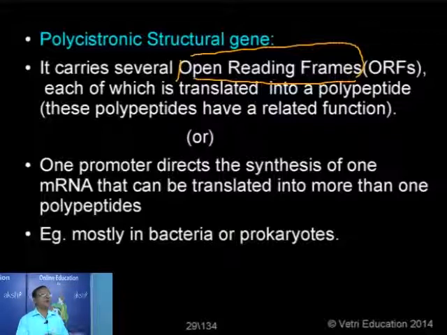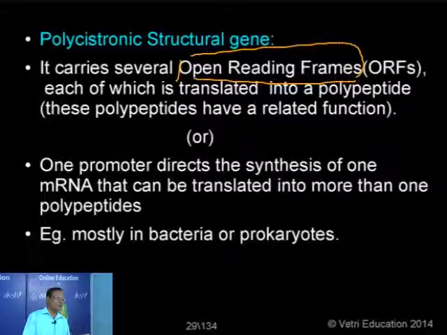Yet many polypeptides are produced, by a single promoter which directs the synthesis of one mRNA. That mRNA can be translated into more than one polypeptide, and the resultant polypeptides normally have more or less related functions. So a polycistronic structural gene has many ORFs, open reading frames, and each one is normally translated into only one polypeptide chain.